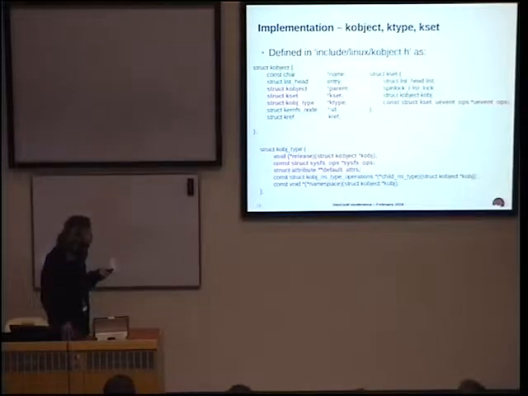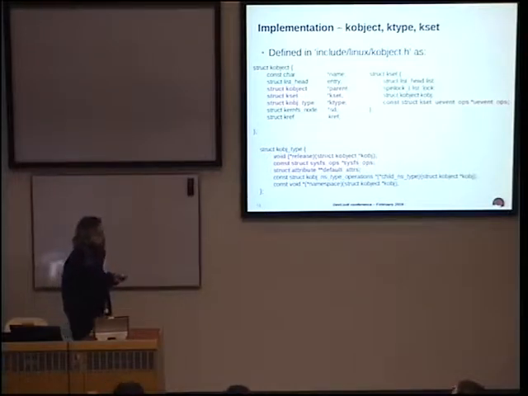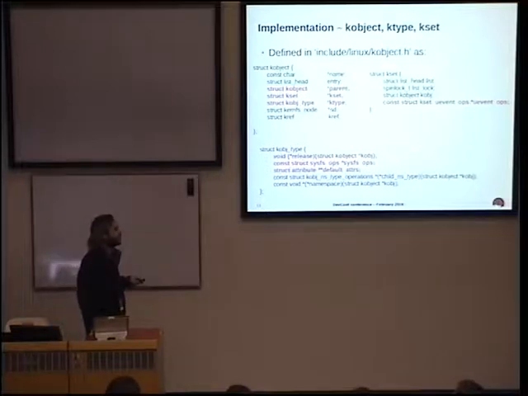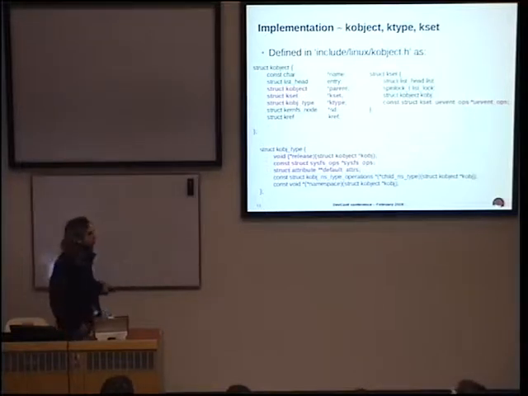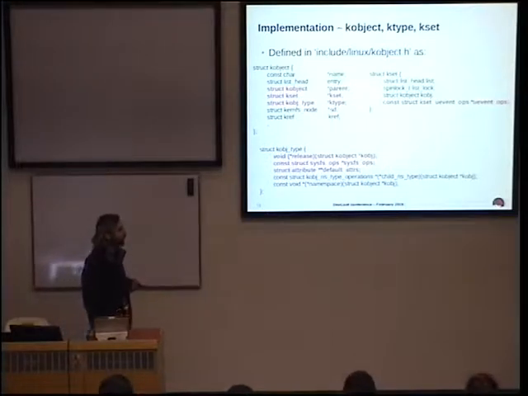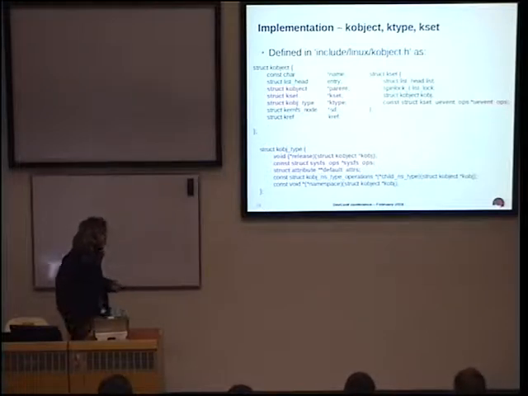One of the main important fields of the KType is the release pointer. It's basically a function pointer to a release method. So every time a KObject reaches a zero reference counter, this release function is called from wherever in the kernel it happens. It can be called from everywhere. That's one of the main reasons we have a reference counter inside the KObject.